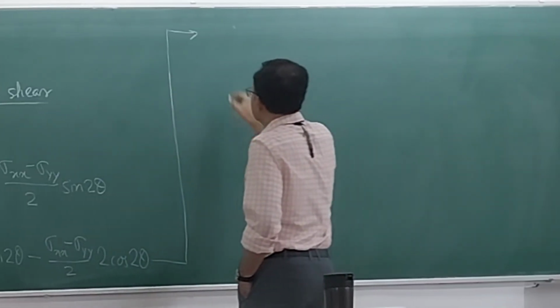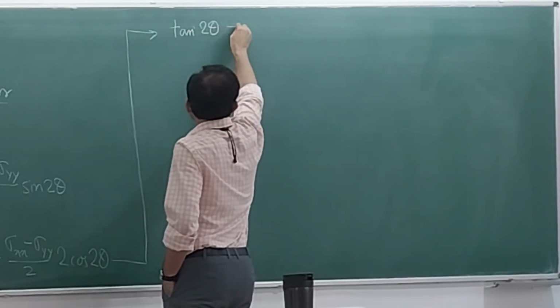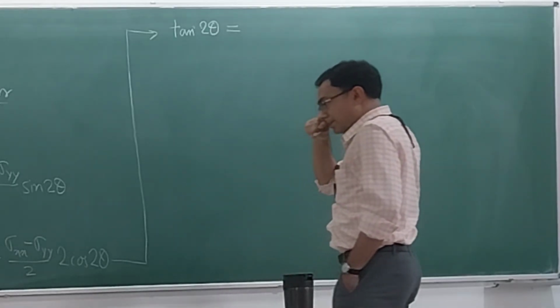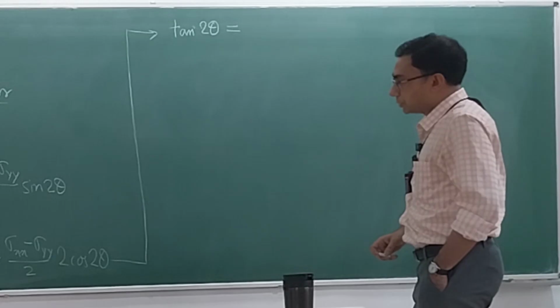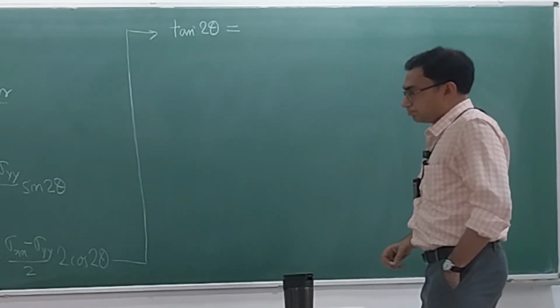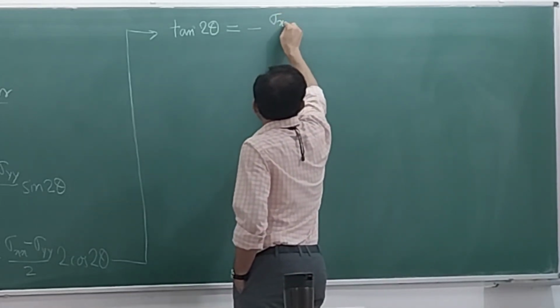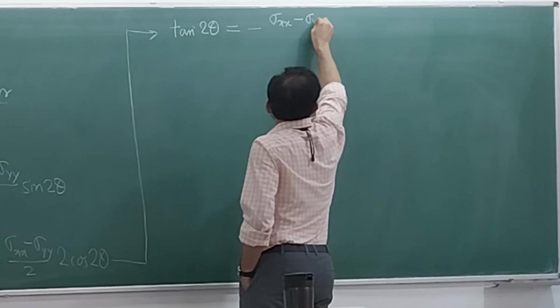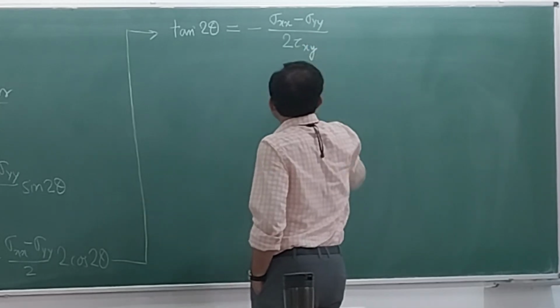So from here, what we obtain is this. So tan 2 theta is going to be equal to minus sigma xx minus sigma yy by 2 tau xy.